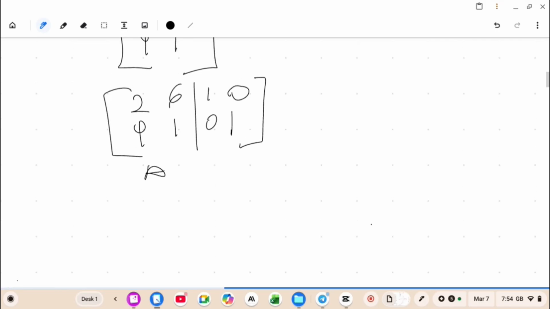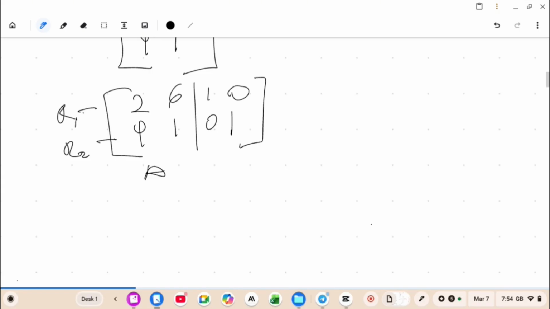So what we are supposed to do now is to transform this A to an identity element. And how are you going to do that? We have several ways of doing it. First of all, you can interchange row 1 for row 2. This is row 1, this is row 2. When you interchange row 1 and 2, you get 4, 1, 2, 6.